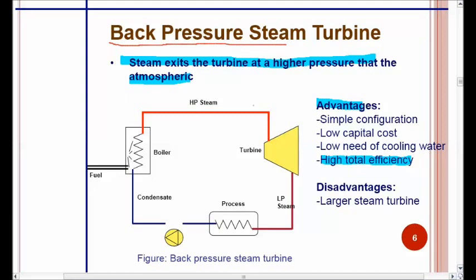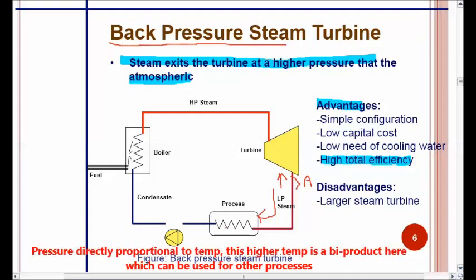The mechanism here is that the pressure is much greater than the atmospheric pressure. So this pressure, as it is more than atmospheric pressure, can be used for other purposes, like, as I told, a paper and pulp industry or a sugar industry.